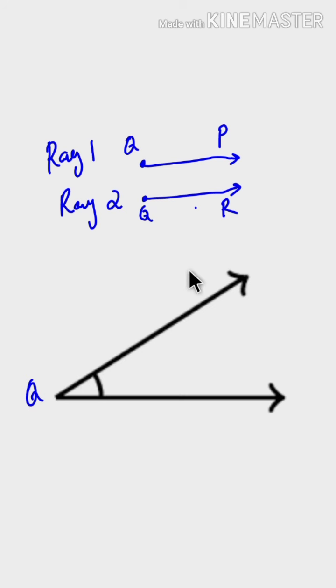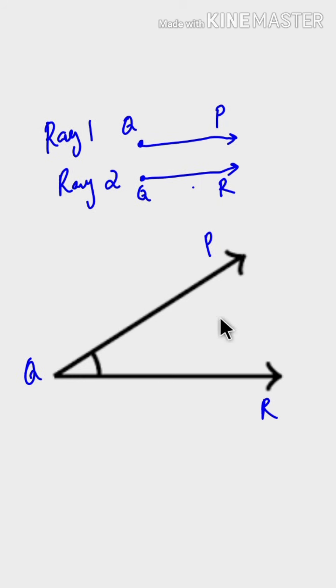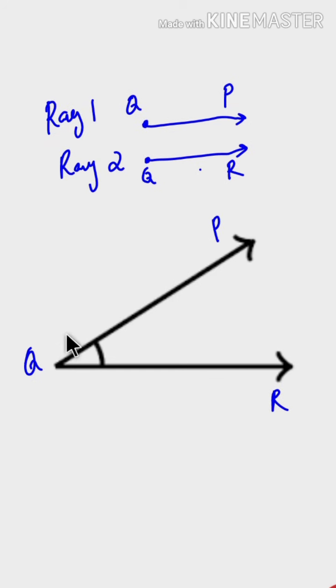So QP, QR. Here we made this angle by using these two rays. Here we already learned that this common point Q is called vertex. Okay.